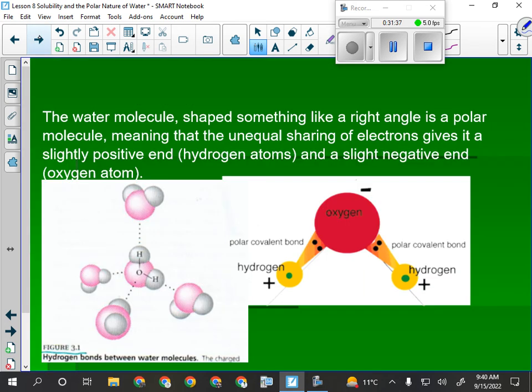So you can see that again here in the picture on the left. The water molecule is shaped almost at a 90-degree angle, and so it's separating those charges by as much as possible. It's separating the positive charges by as much as possible, and the negative charges by as much as possible, and so it gets that shape because of that.